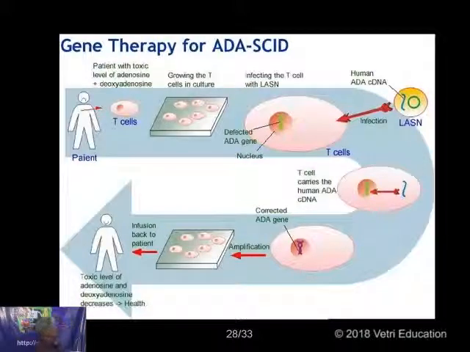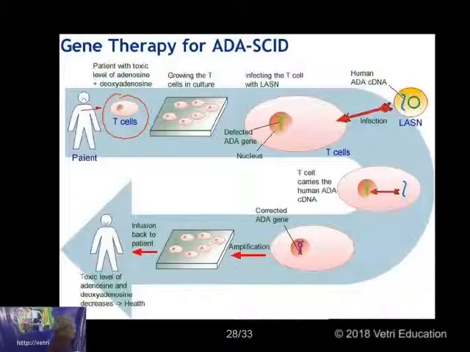Gene therapy for ADA. These are the T cells present in the man, and these T cells are taken, and then the human ADA cDNA is introduced by infection. Now the T cells carry the human ADA cDNA.